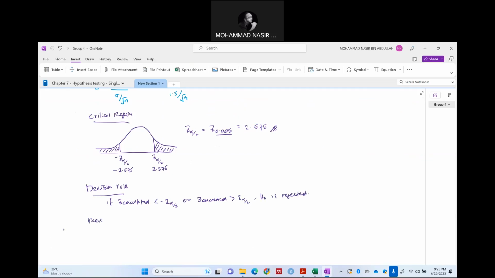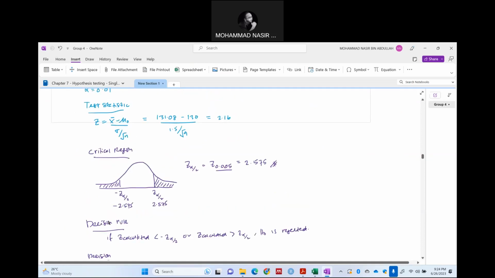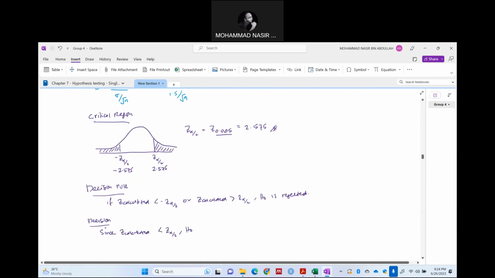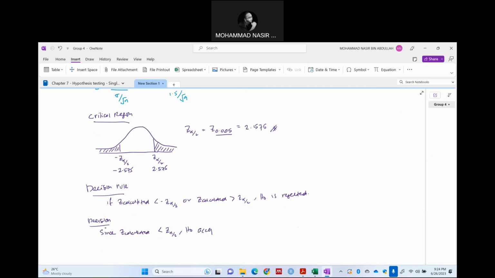So our decision is, since Z calculated, which is 2.16, where is 2.16?